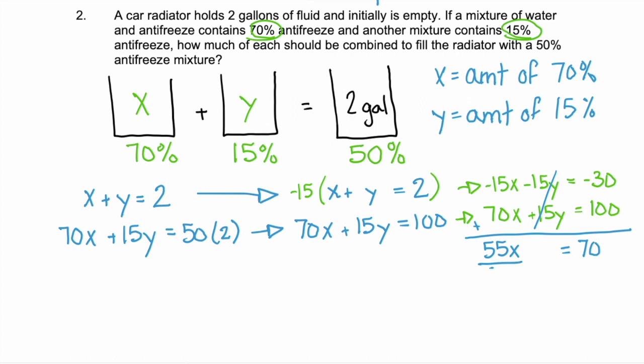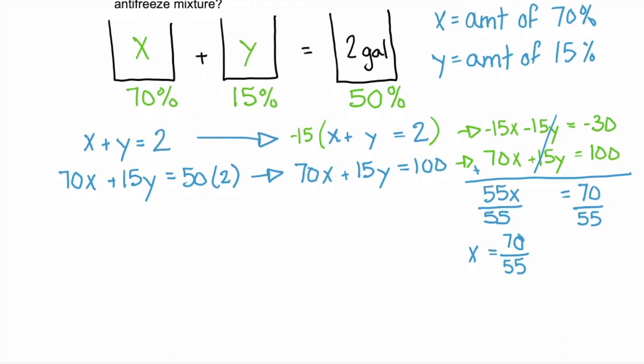So divide by 55, because we need to isolate the x, and we get x equals 70 over 55. And we can simplify that, right? 5 goes into each, so that's 14 over 11, or 1 3/11 gallon.